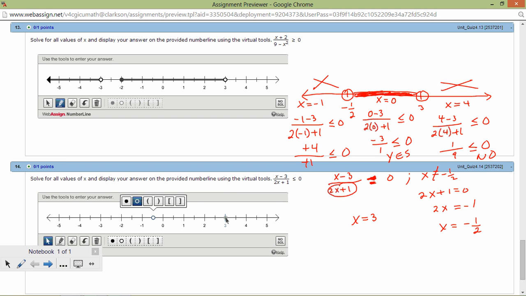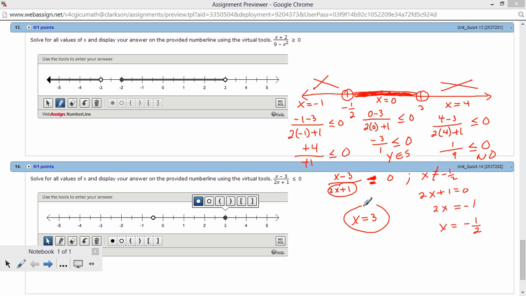And the 3, should I fill that in? Should I leave that filled in? Or should I spot it to open? The 3 was caused by it being equal to 0, right? And so right here is where we got that from. We got that by setting the numerator equal to 0. Equality is allowed, and so that number is good. That's a shaded position on that number line, right?